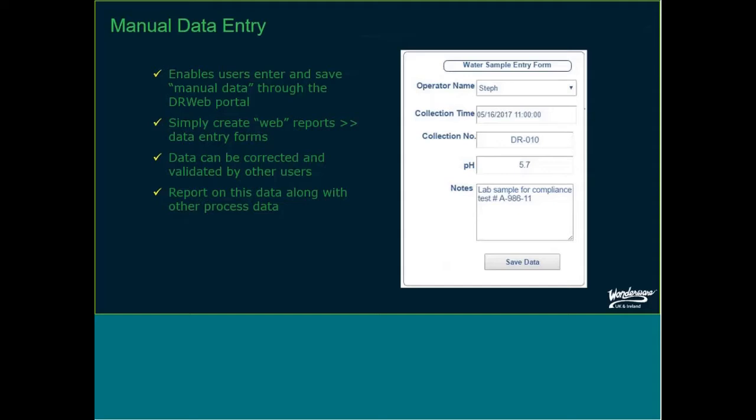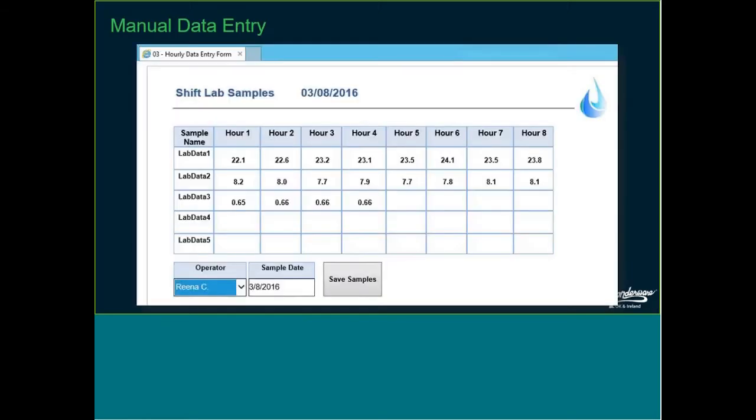You can create these web-based forms, publish them to the portal, and give that then to users, and they can then fill in these forms on any device wherever they are, right there and then. And we can use the data coming from these manual entry stations and combine them with any other reports that you may have in your system.